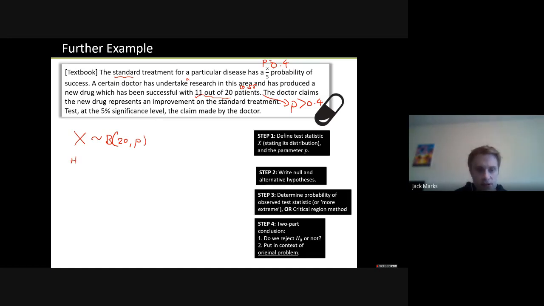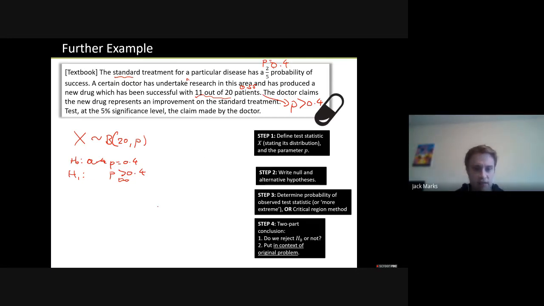So the standard treatment is the null hypothesis, that's 0.4. Let's do P equals 0.4. The alternative is that this thing is more successful. Remember, more successful will let us judge whether to look at the upper end or the lower end when we are solving this question.